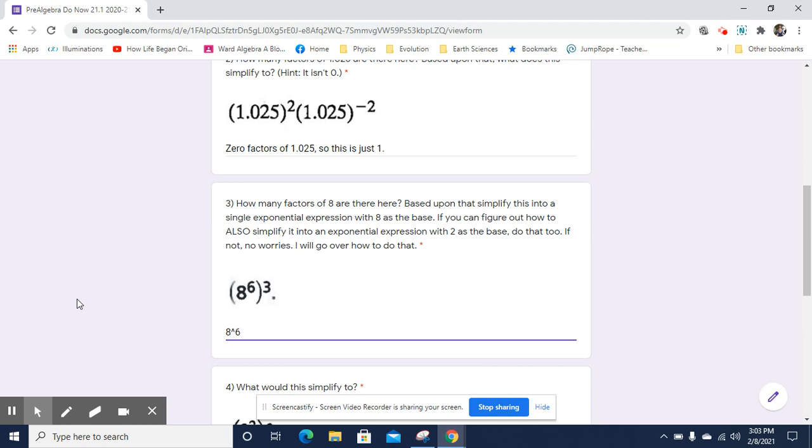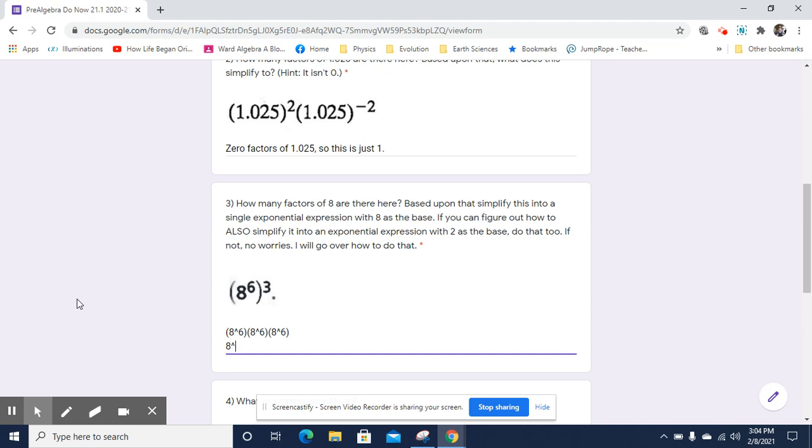And there are 3 of those, so I could do it like this. 8 to the 6th times 8 to the 6th times 8 to the 6th. So I have 3 sets of 6 factors of 8. So that comes down to 8 to the 3 times 6 power, which is going to be 8 to the 18th power.